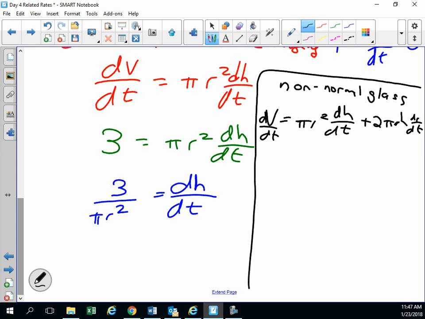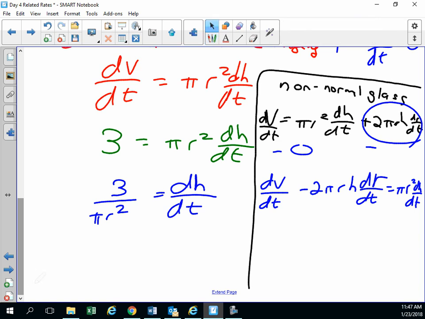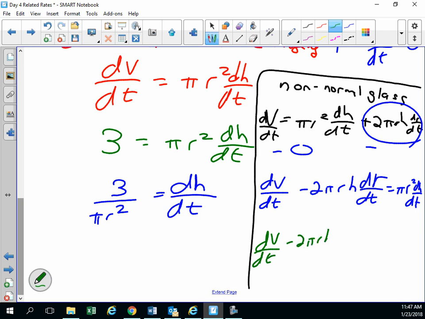Yes. So I would subtract this whole piece. So dVdt minus 2 pi rh drdt equals pi r squared dHdt. And then divide by pi r squared. So dVdt minus 2 pi rh drdt over pi r squared equals dh dt.